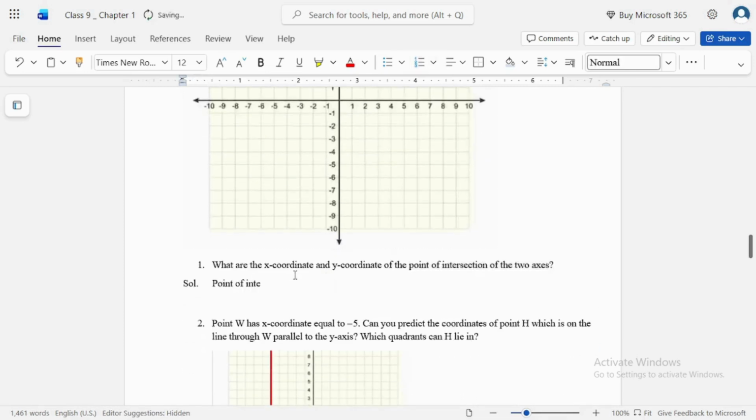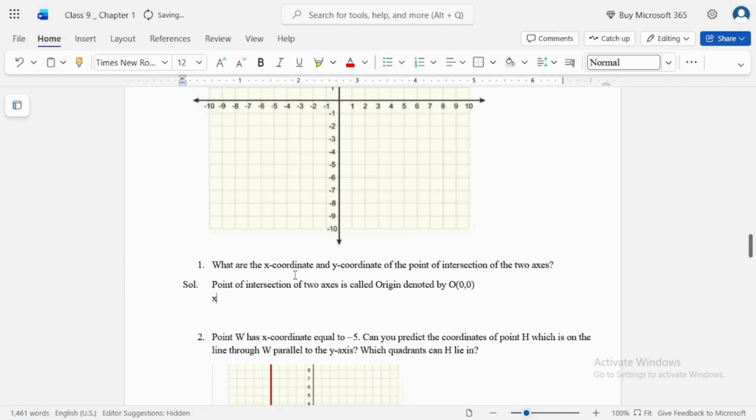Point of intersection of two axes is called origin, denoted by capital letter O, and its points are 0, 0. So to answer this question, its x coordinate is 0. Similarly, its y coordinate is also 0.